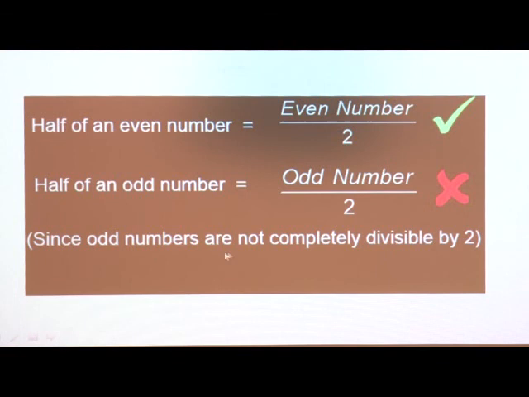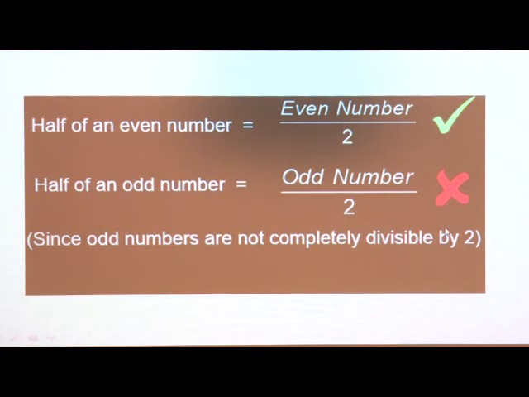Since odd numbers are not completely divisible by 2, already we had learned in the previous lesson the divisibility rules. Just recall, and we can say that since odd numbers are not completely divisible by 2, we are not getting a fraction here.